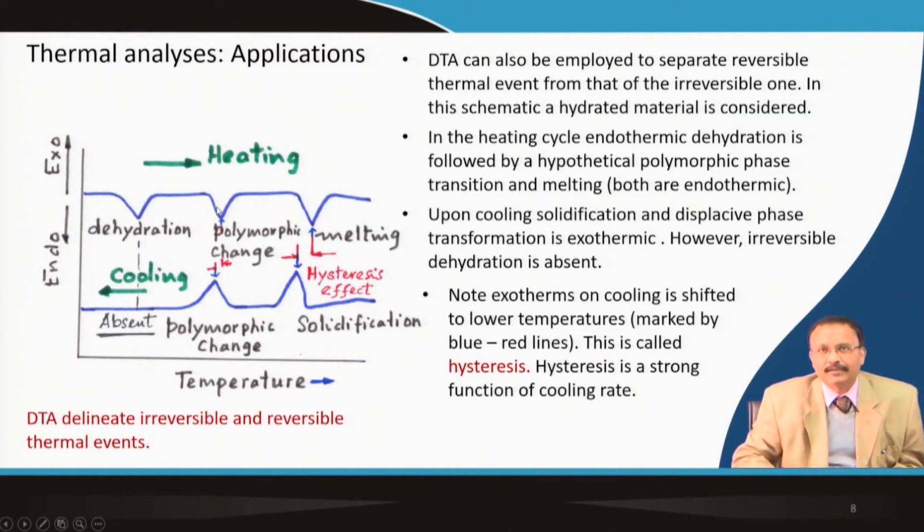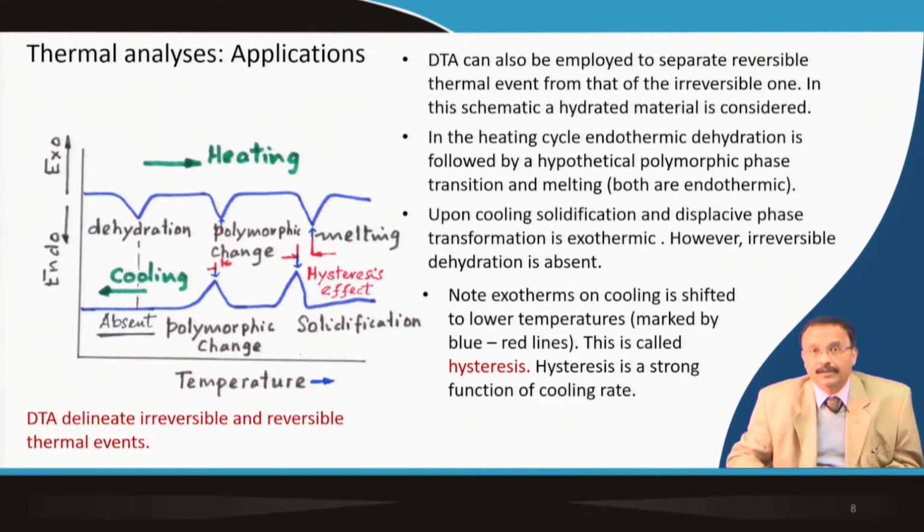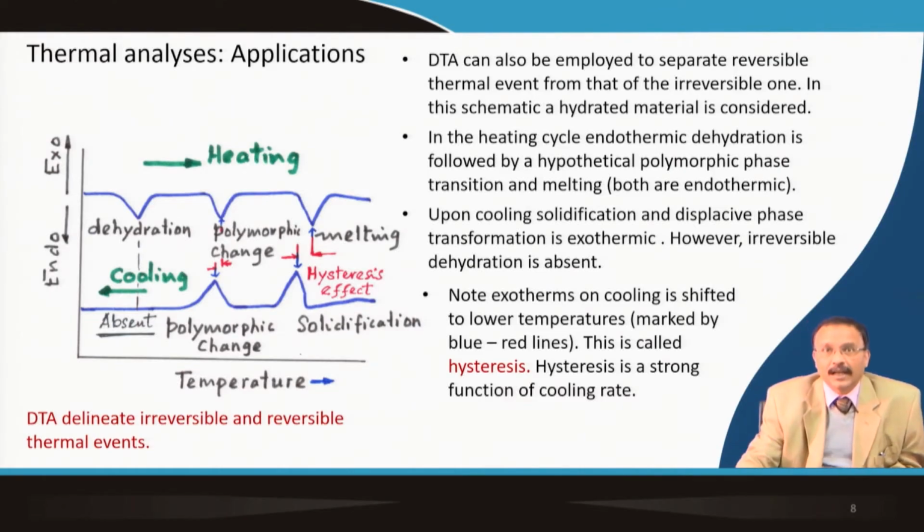Already I described that in certain materials the crystal structure changes, and this can be displacive or reconstructive in nature. And then there is a melting transition. So, three types of reaction that you can see occurring here in the heating cycle.